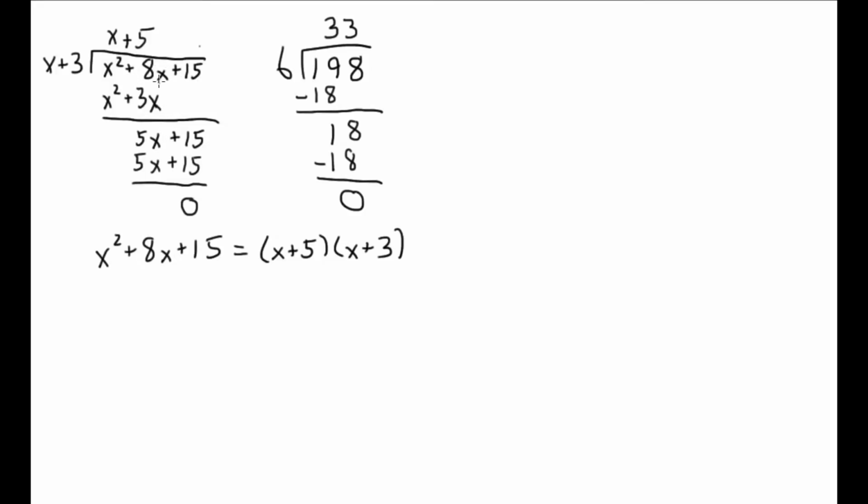So it's the same thing. Polynomial long division with a problem like this is the same as factoring. We basically were just given one of the roots already. We find the roots by setting the equation equal to 0 and seeing what x needs to be. So in this problem, x needs to be -3 or -5.